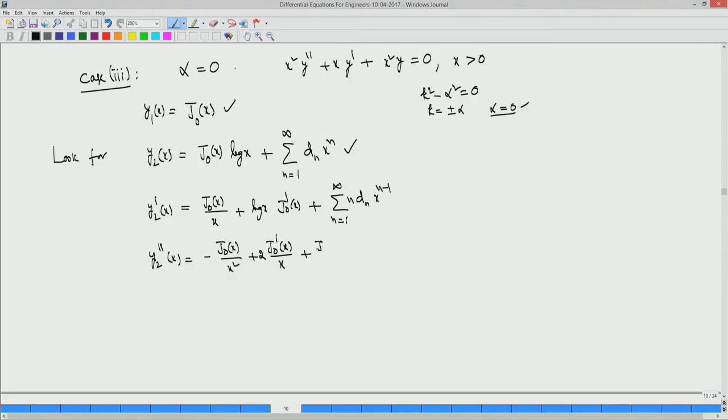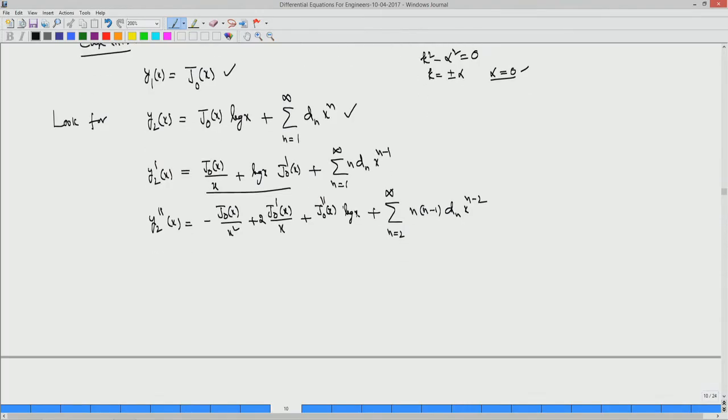So you have it repeated, twice J naught dash of x, plus J naught double dash of x into log x. These are the terms you get if you differentiate the first two terms. Then you have n into n minus 1 dn x power n minus 2. This was running from x power 0, a constant, which goes away on differentiation, so it starts from 2 to infinity.